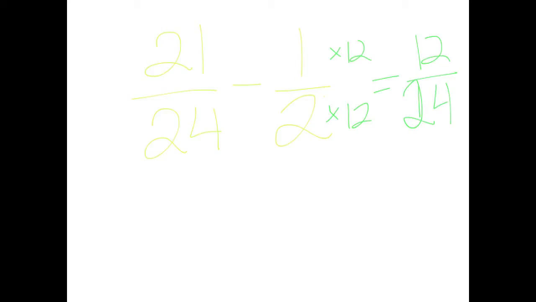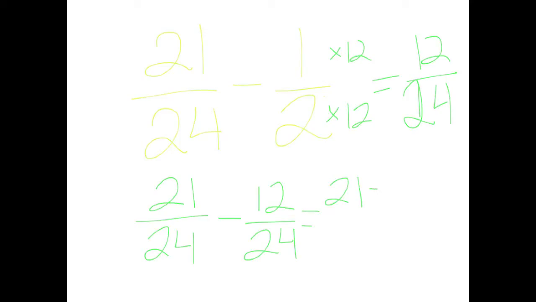And now we are going to subtract, so it would be 21/24ths minus 12/24ths, and then we show that we're subtracting, so it would be 21 minus 12, which equals 9.